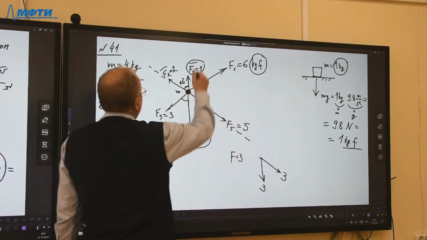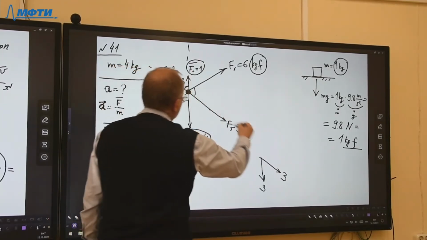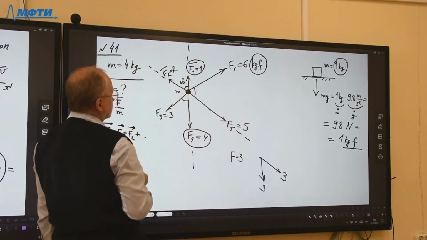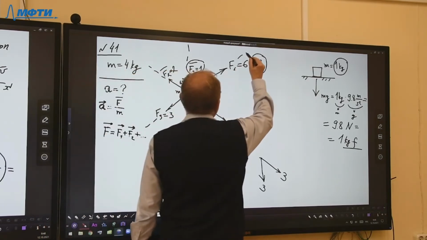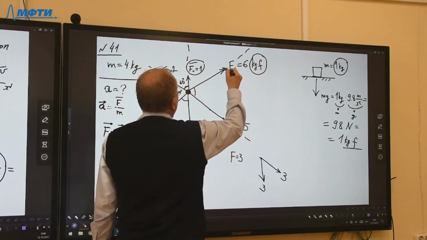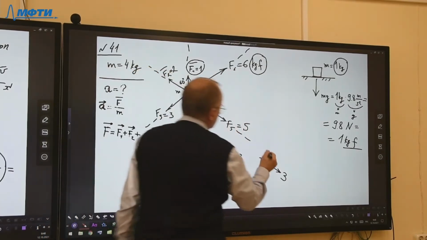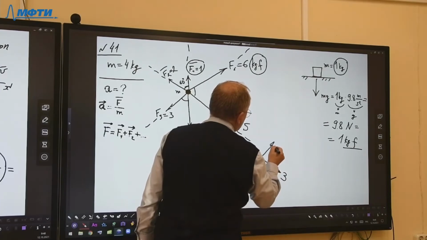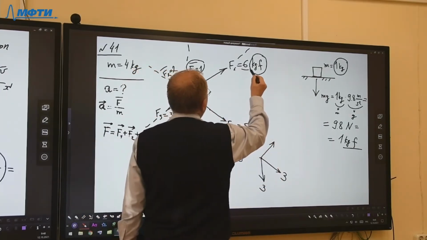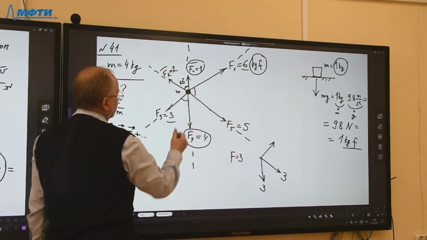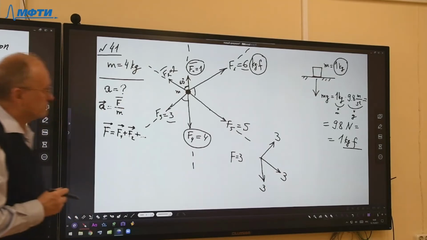So we have taken into account the vertical direction and this inclined direction, and the only direction remaining is this one. Again, this force F6 is larger than F3, so the sum of these 2 forces will look in the direction of F6, and in magnitude it will be equal to 6 minus 3, which is again 3 kilogram forces.